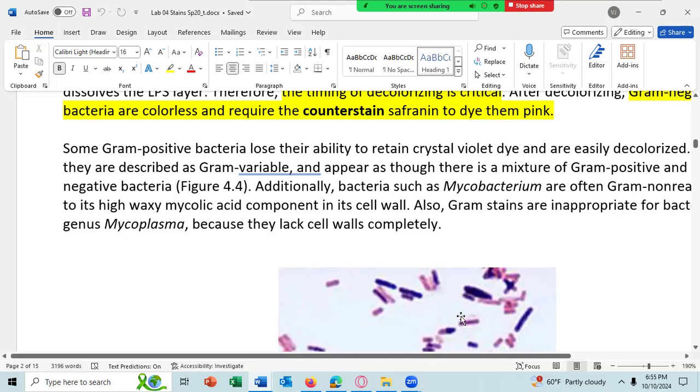And when we stain some bacteria, particularly the mycobacterium, some people call them gram variable because they will stain this way. But in all of the cases I've ever seen where students have gotten the gram variable result, I ask them, how old are these cells?